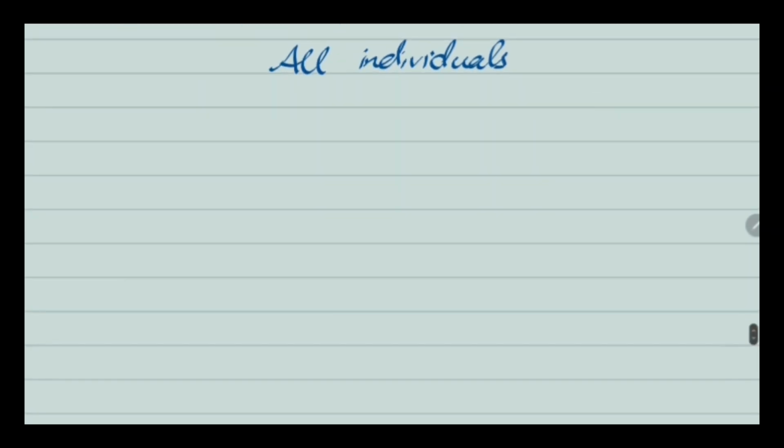Now, before considering adjustment to personal allowance, we need to consider the adjusted net income. What is meant by adjusted net income?